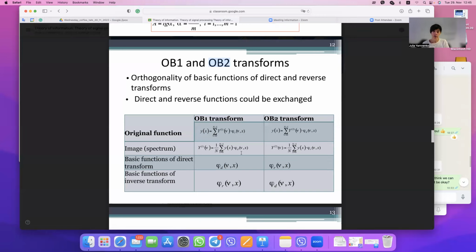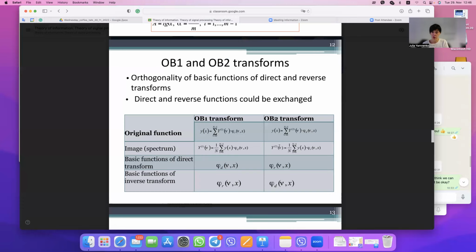And in the second horizontal row of the table, there is the formula of the direct transform. Direct transform, I remind you, is a way to calculate the spectrum or image. In our case, this image is Y capital of nu, here and here, from the known original function. So the original function is the same, but the spectra are different.